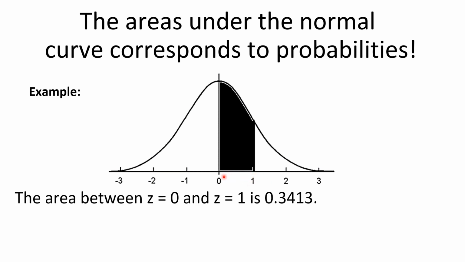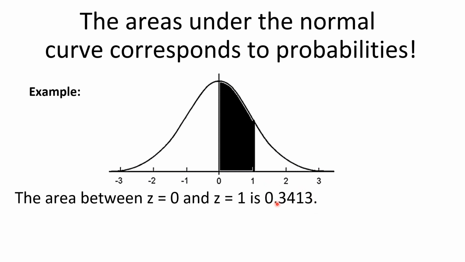So we're getting the area between the mean and the z-score 1. So we're getting the area between z equals 0 and z equals 1. And that is equal to 0.3413. In percent, that is equivalent to 34.13%.